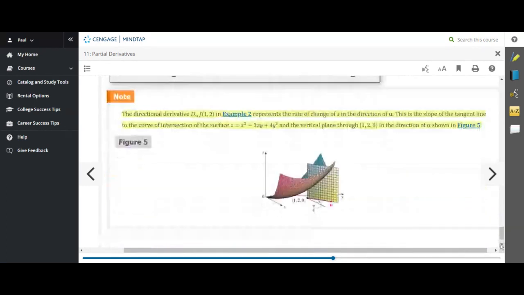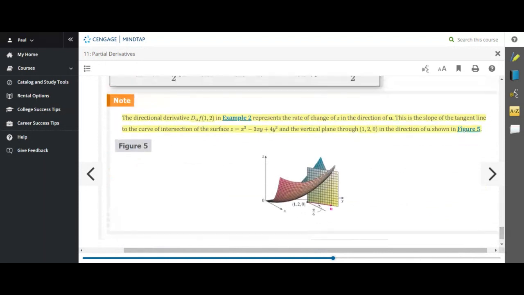And they have a nice picture here. So in this example, the directional derivative is the rate of change of z in the direction of u, and the slope gives the tangent line. You can see if you take your surface and intersect it with the vertical plane passing through 1, 2, 0.